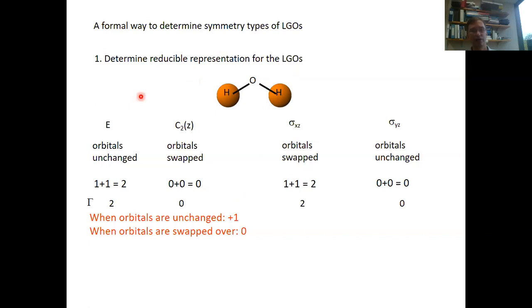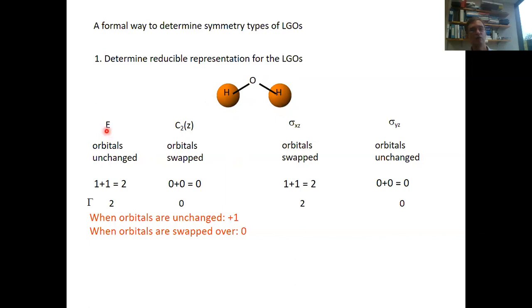Using it, you determine for each symmetry operation whether it leaves the orbitals unchanged, meaning the atomic orbitals we look at, the 1s orbitals of the hydrogen atoms, or whether they are swapped over. If they are unchanged, they get a character of 1 for each orbital, and if they are swapped, they get a character of 0. That determines the characters of your reducible representation.